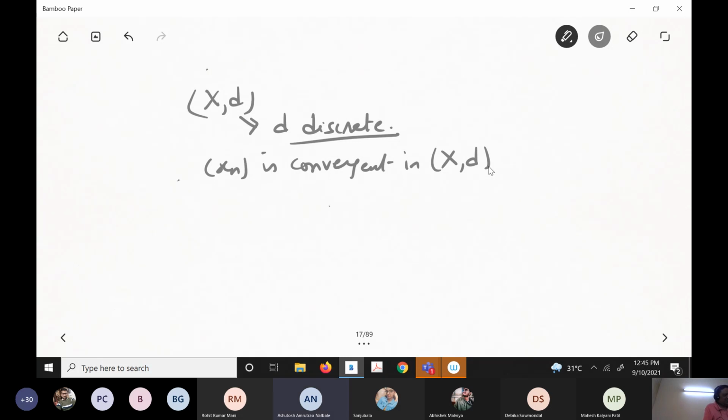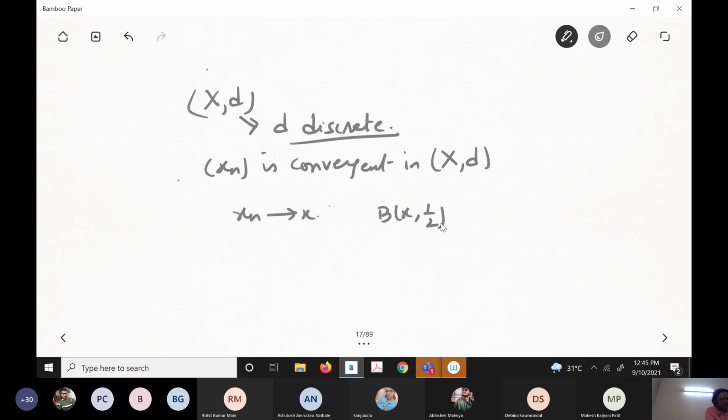Constant, sir, constant. Point set. The reason is very simple: if x_n converges to x, suppose you take B(x, 1/2). It will be eventually constant.